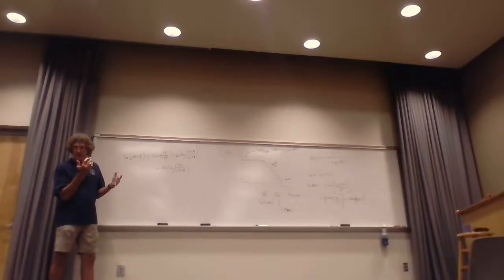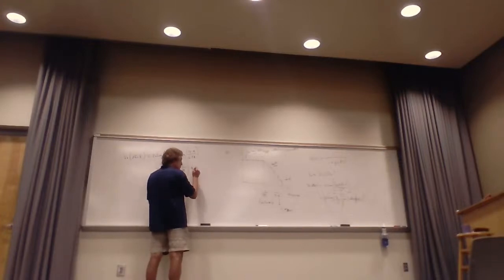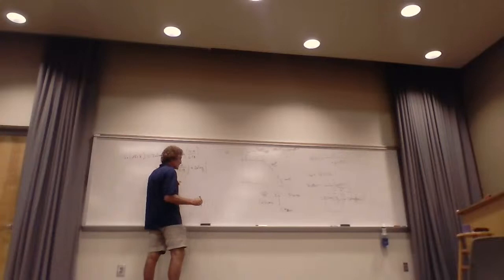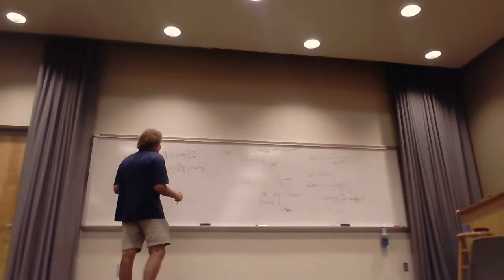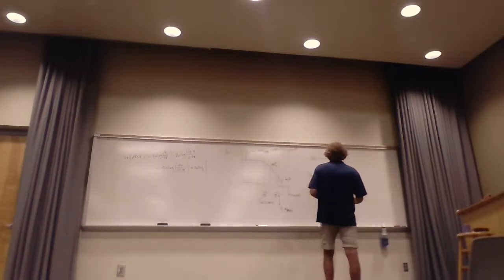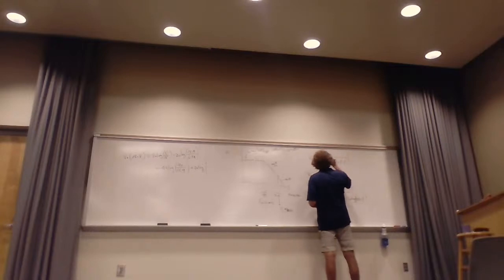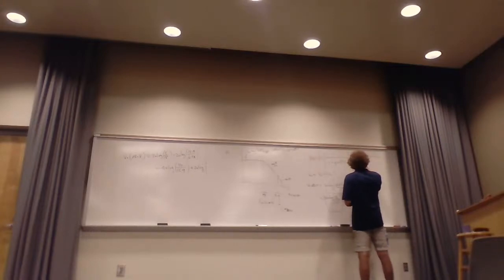Got it? Now we evaluate the transfer function. We have to add to this plus 20 times the log of the magnitude of this right here. And the magnitude of this is equal to 1 over the square root of 1 plus omega RC squared.